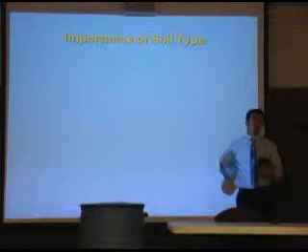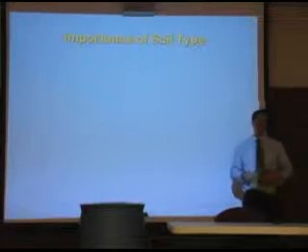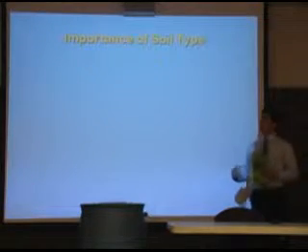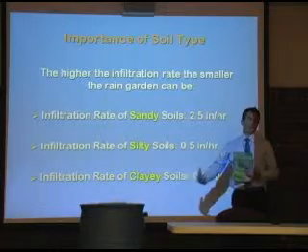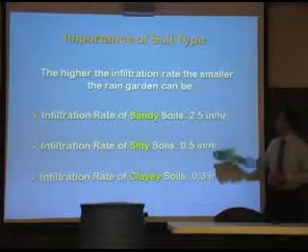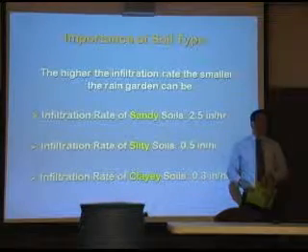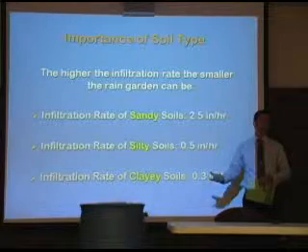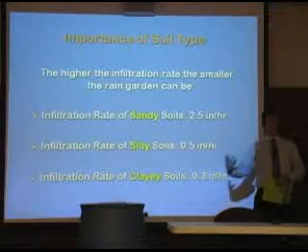The biggest and one of the most important things about figuring depth and making sure you have a well-sized rain garden is how it fits with the type of soils that you have. If you've got a sandy soil, you can infiltrate at 2.5 inches an hour, and essentially you won't notice that there's much ponding in that rain garden except during a rain event.